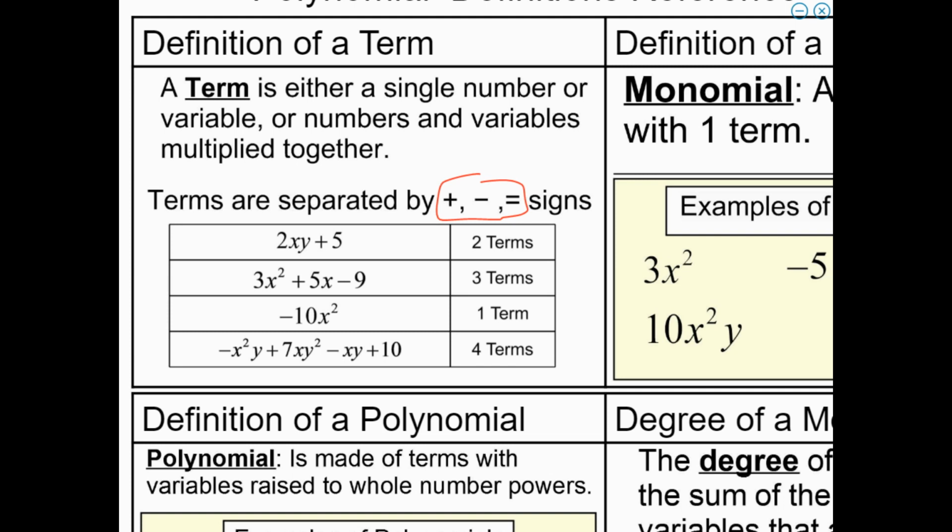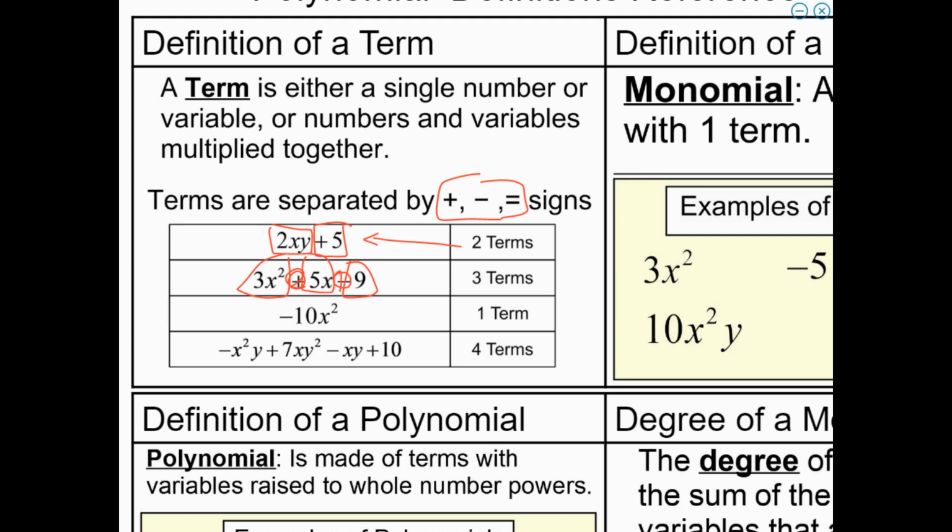In this very first one, I've got two terms because I've got 2xy plus 5. So that expression is a two-term expression. This one has 3 terms because it's got 3x squared separated by a plus sign from 5x, and 5x and 9 separated by a minus sign.